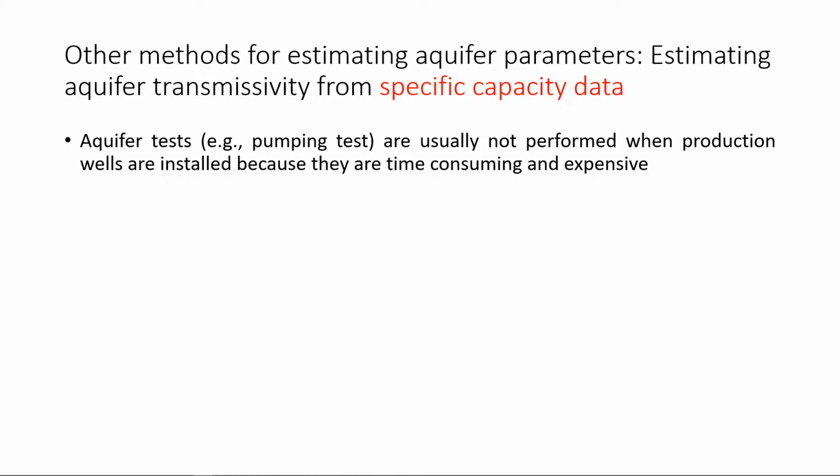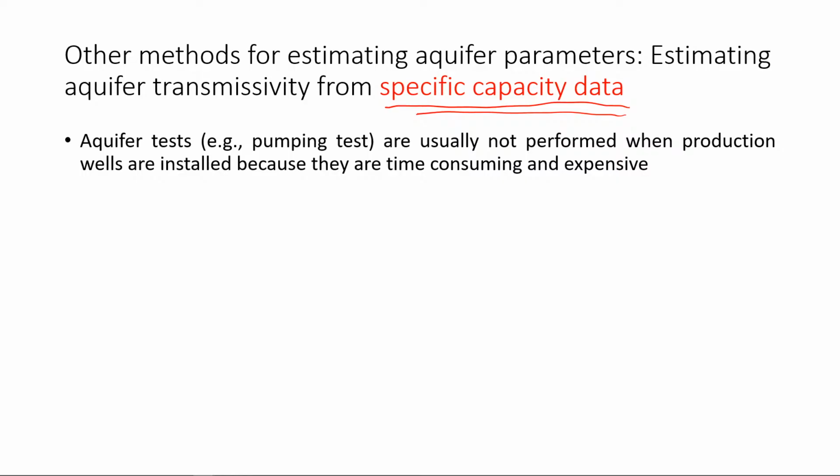As I told you, pumping tests are one of them, but I will show you in the rest of this video that there are also other methods for estimating aquifer transmissivity. One of these methods could be specific capacity data.